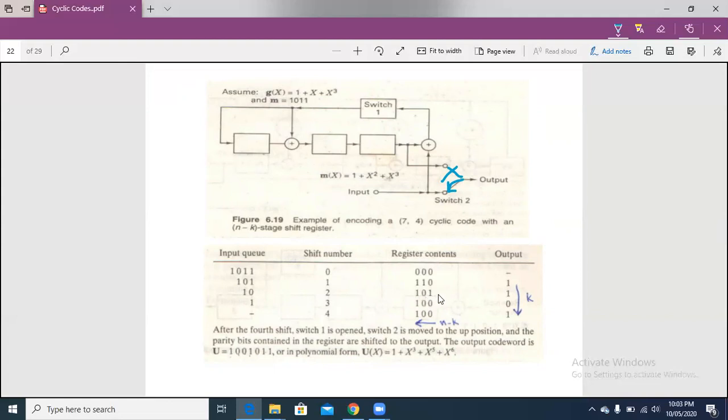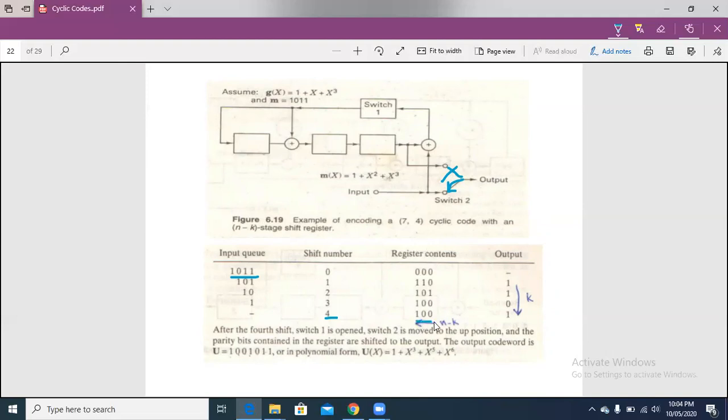So the initial operations are the same. After the fourth shift, when we finish the message 1011, we will move the switch to position 1 and we will move all the contents of the register here.